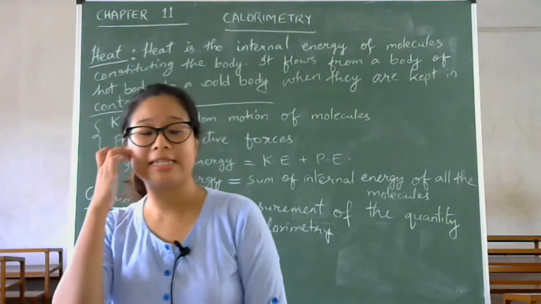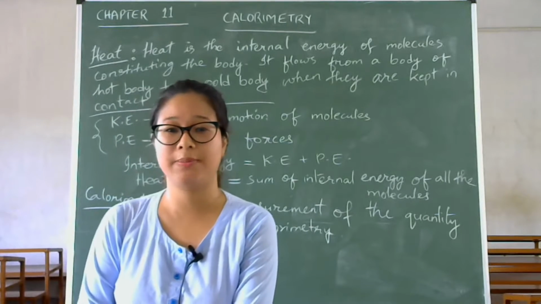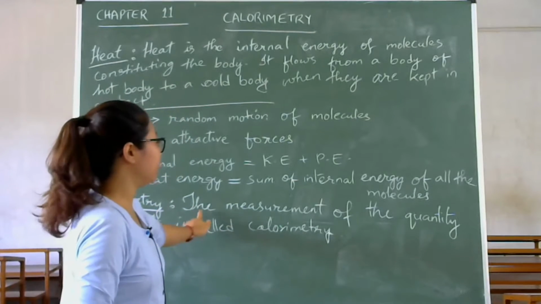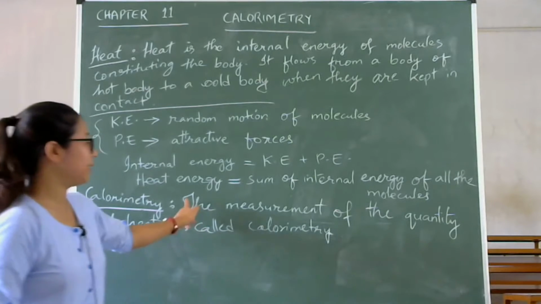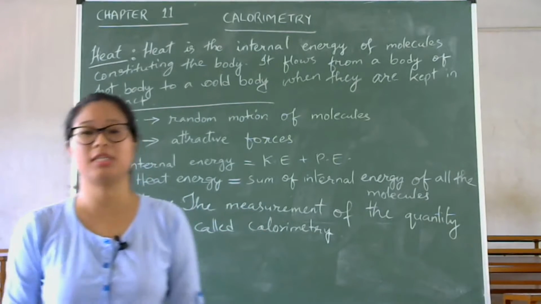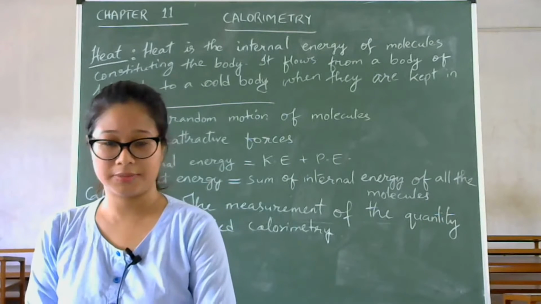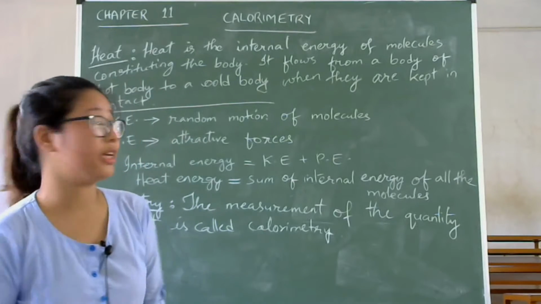Now, since heat is a form of energy like other energy, it is a measurable quantity, and calorimetry is the measurement of the quantity of heat, which we are going to learn in this chapter. Now next, let us look at the units of heat.